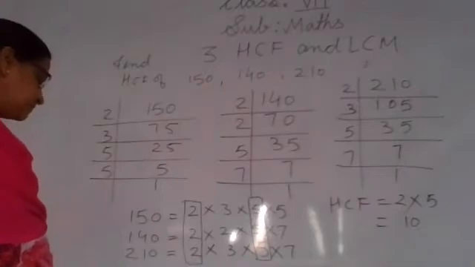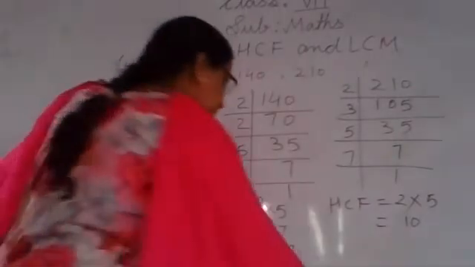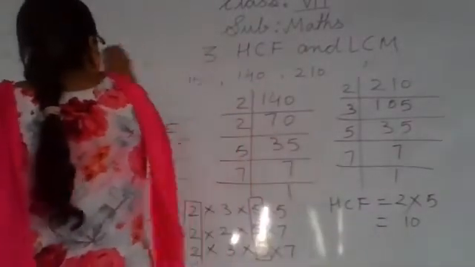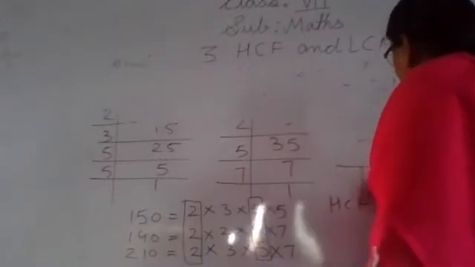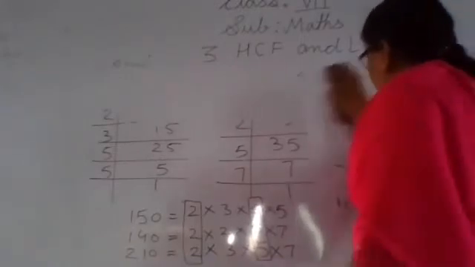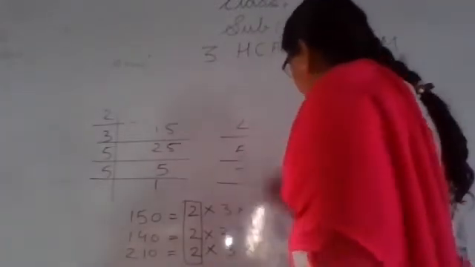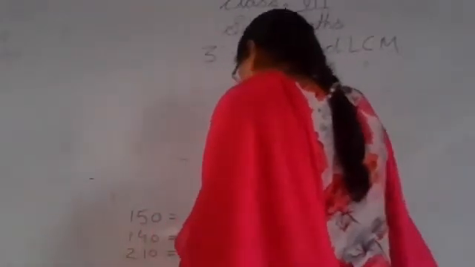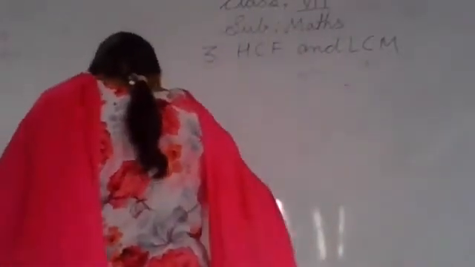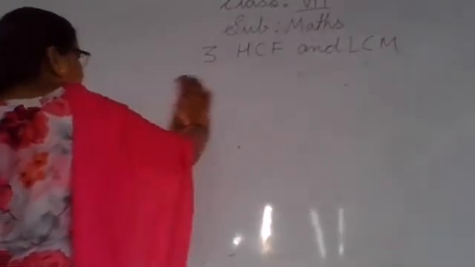Now the second method: we arrange all the given numbers in a line and then by arranging vertically, we will find the HCF. So it is vertical arrangement.